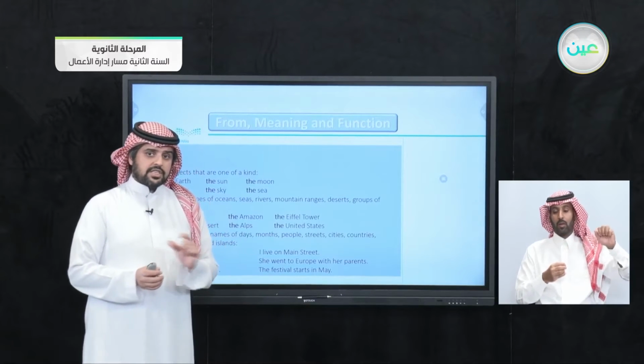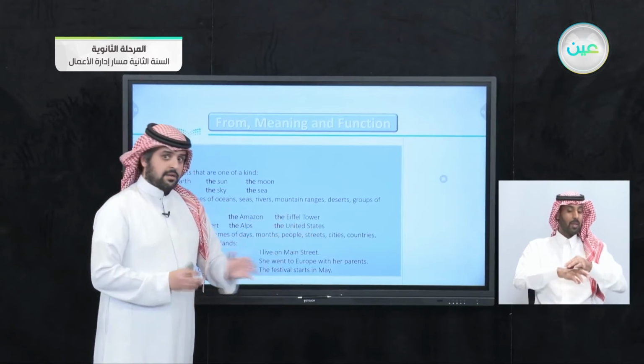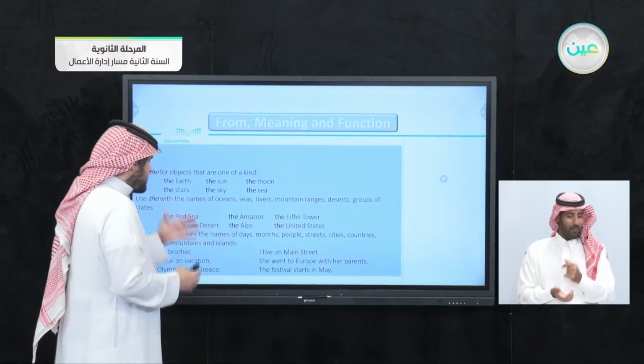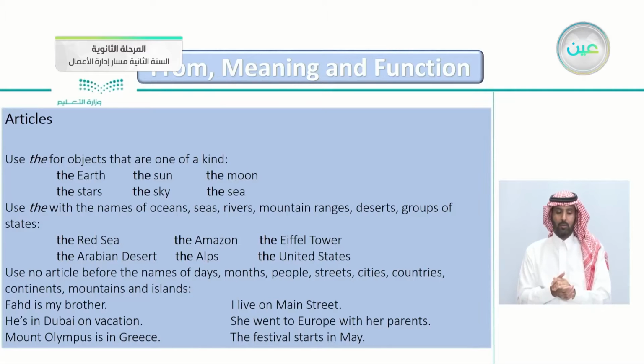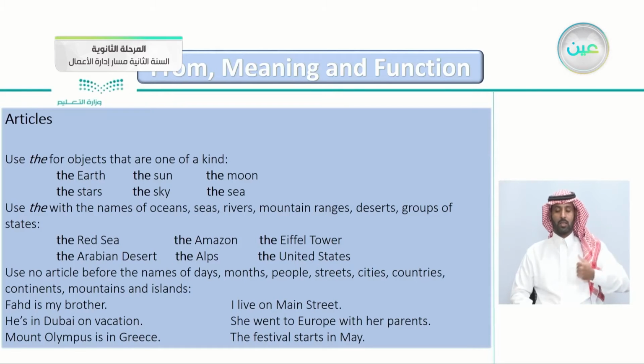Of course, we can exclude the countries that are groups of states, like previously said, the United States, but regular countries, we don't use any article. Fahad is my brother. So this is the name of a person. I don't say the Fahad. No, I just say Fahad. He's in Dubai on vacation. I don't say he is in the Dubai. No, we don't put any article.